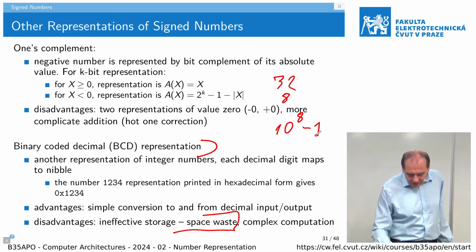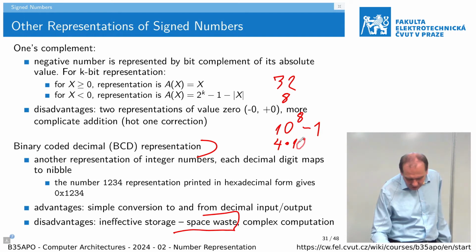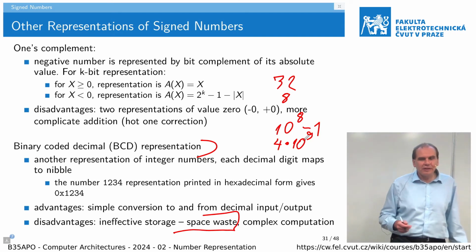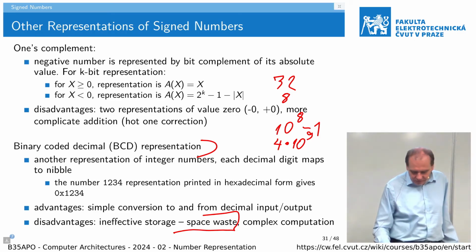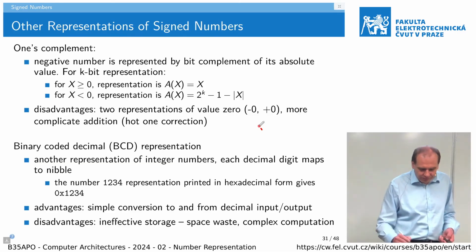In binary representation, you fit there about 4 multiplied by 10 power 9. So you see that we fit into 32 bits a much smaller range.